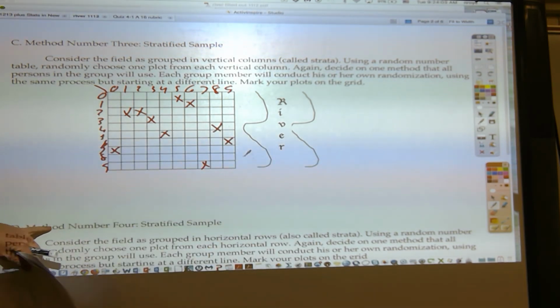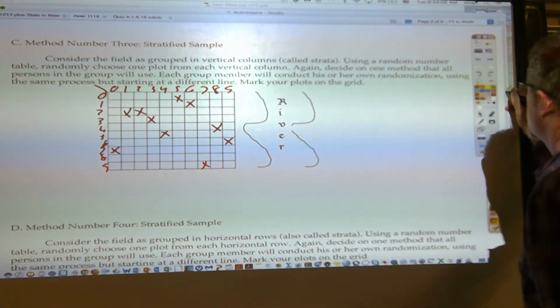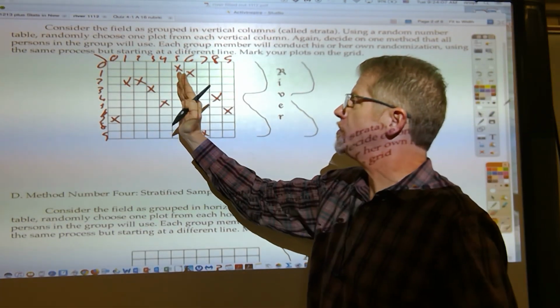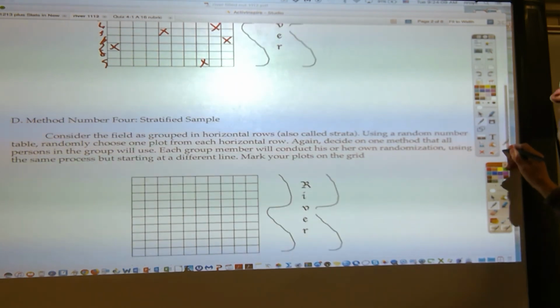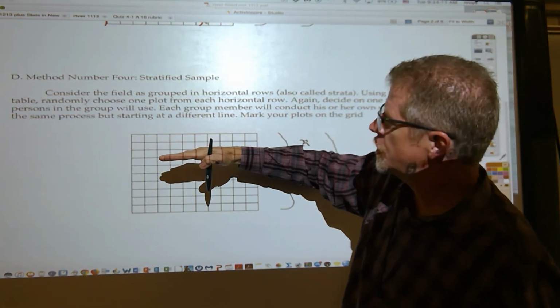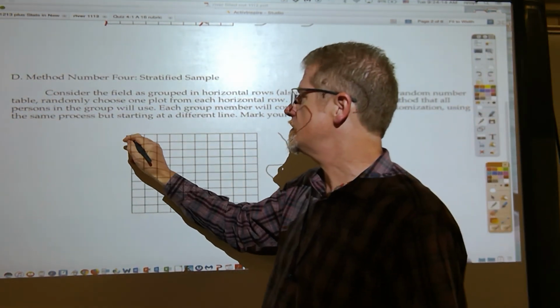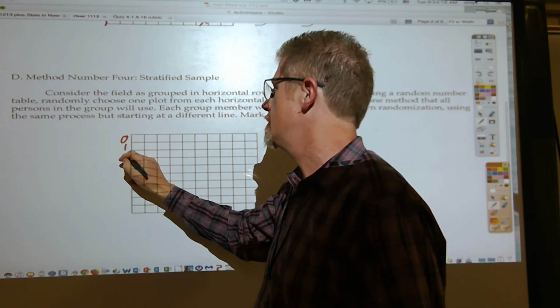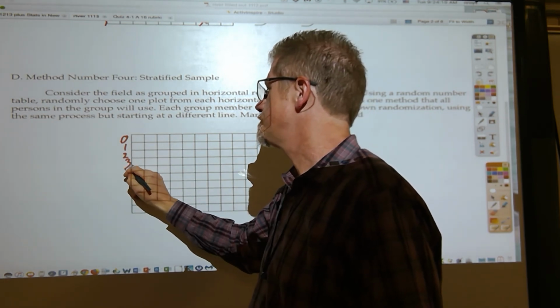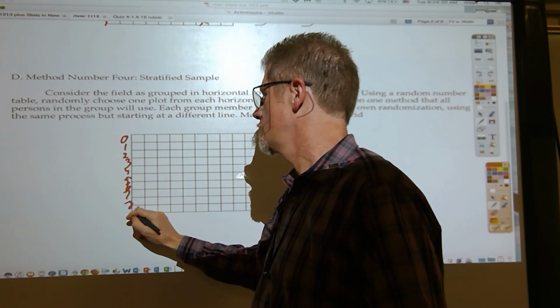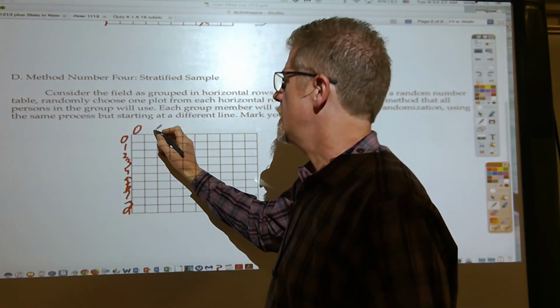Now, we can also do a stratified sample again, except this time, instead of picking one corn plot from each column, we can pick one plot from each horizontally laid out row. So this time, we're going to label them the same again, 0 through 9, and 0 through 9.